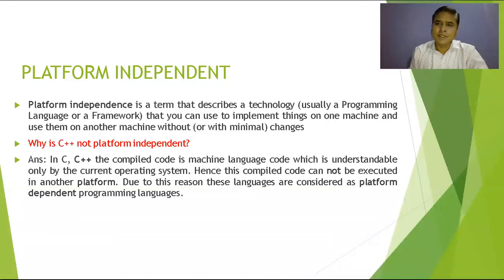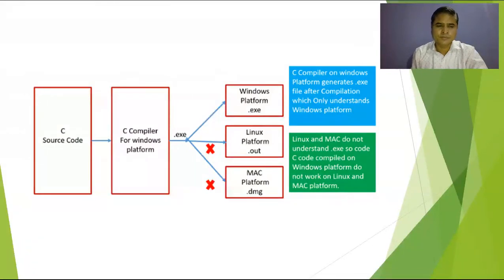Let's understand it by using some example. I'm considering C and C++ language. What is happening in C++ language? Is C++ platform independent? Look here, C source code, and C compilers compile it.